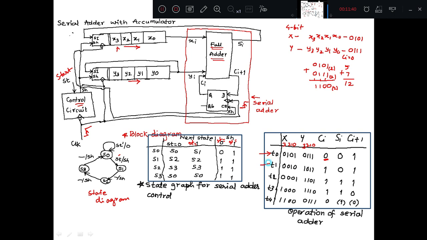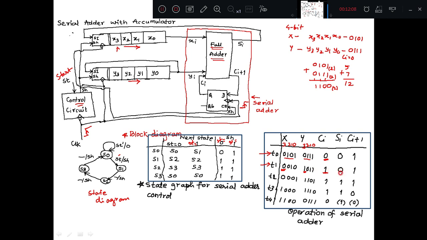In the next iteration, if you observe, when shift is performed, the sum will come in this location, and these 3 bits are shifted: 0, 1, 0. Here in Y, this LSB bit is stored in the MSB, and these 3 bits 0, 1, 1 are shifted. Now you are adding 0, 1 and the previous carry generated Ci plus 1, that is 1.